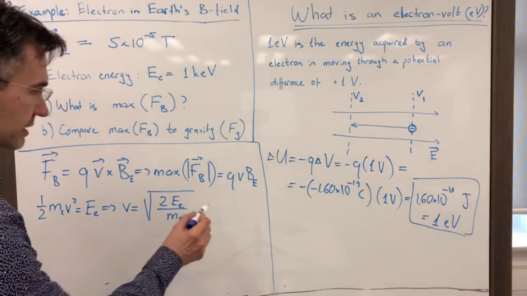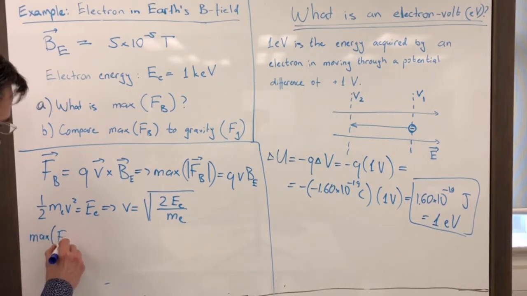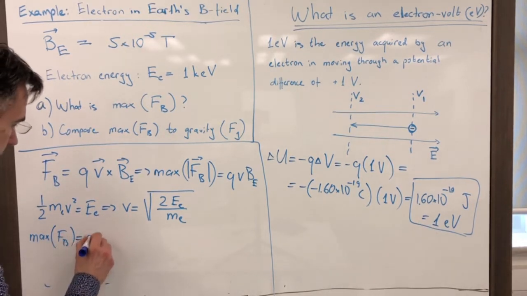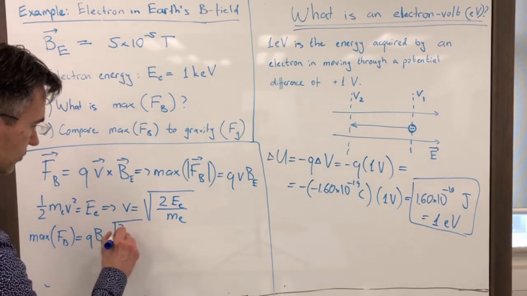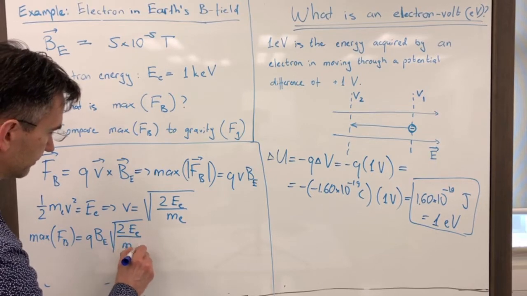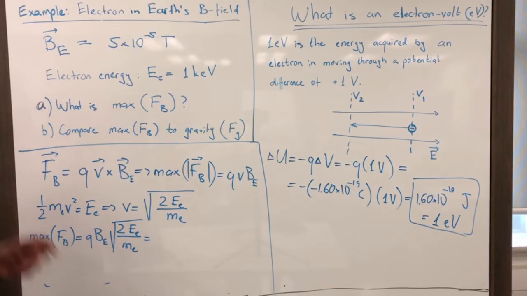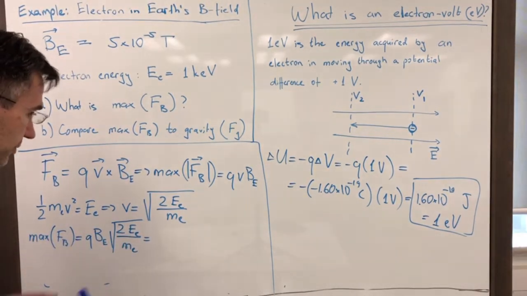So we put this in here, and we get the maximum force, which I'll write as max F_B, equal to Q B times the square root of twice the energy of the electron over the mass of the electron. Since we're just talking about the magnitude of the force, I'm going to take this charge as positive.